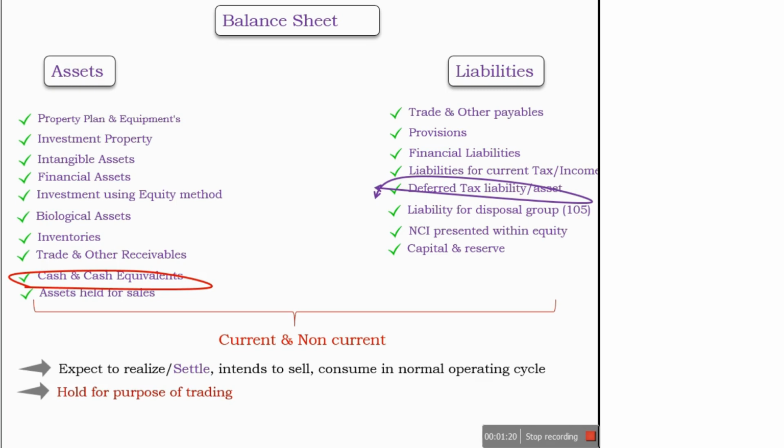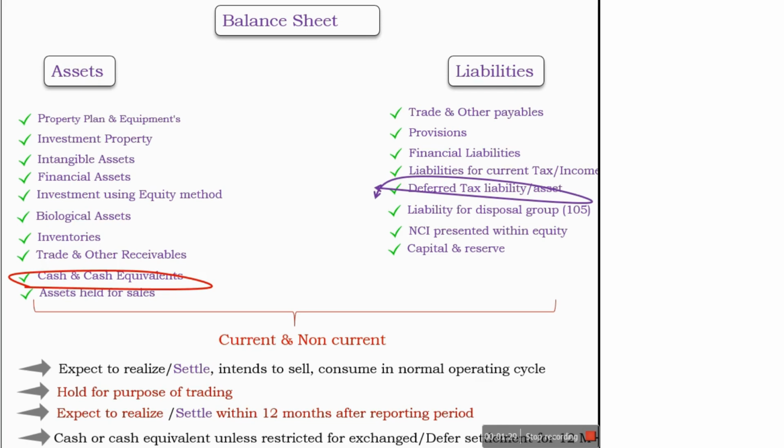And if it is held for the purpose of trading, or if it expects to realize or settle within 12 months after the reporting period, or it is cash equivalent unless restricted for exchange or settlement, it will be classified as a current asset or liability.